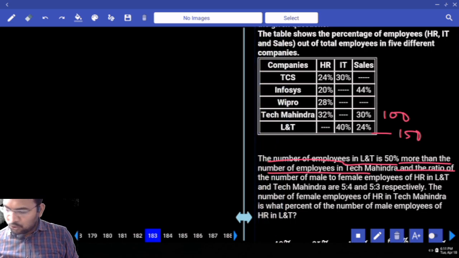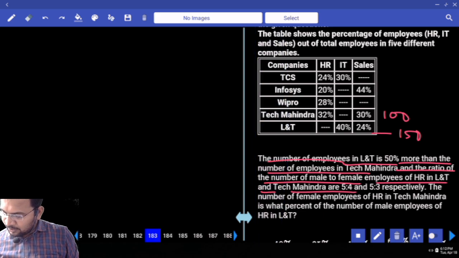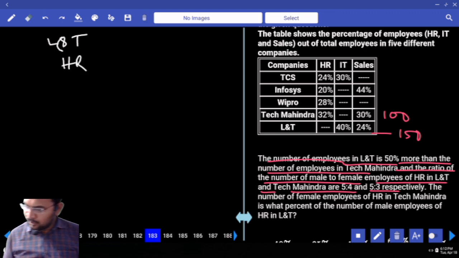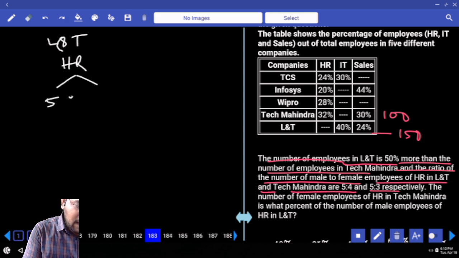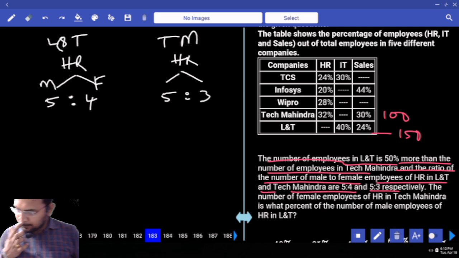And the ratio of male to female employees in HR in L&T is 5:4, and in Tech Mahindra it is 5:3.